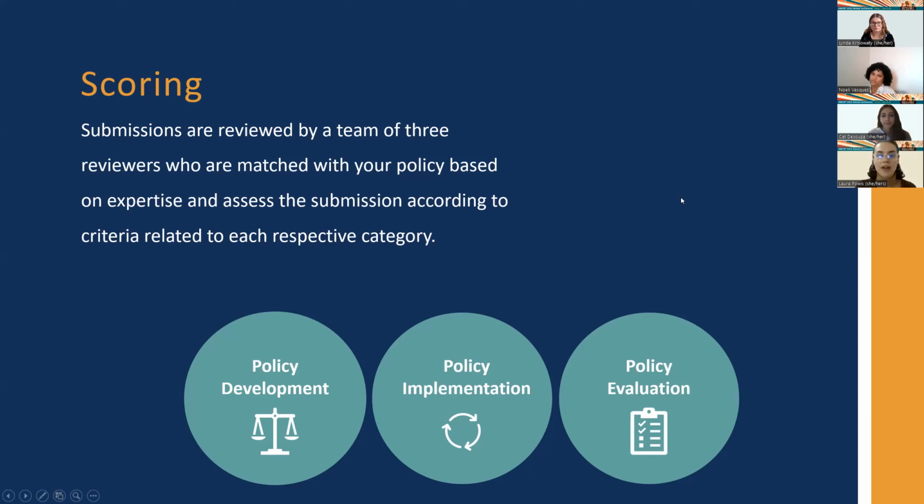The first dimension of evidence is really thinking about the different ways that existing forms of evidence informed the development or implementation of a policy. For equity, it's really meaning how the policy addresses a health disparity or structural form of oppression.